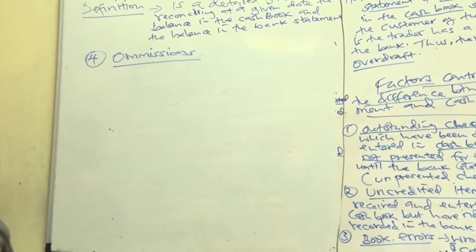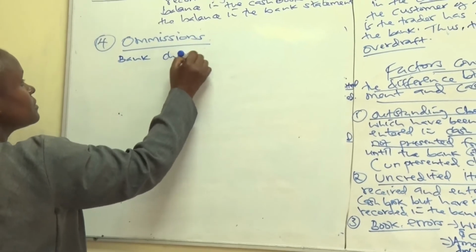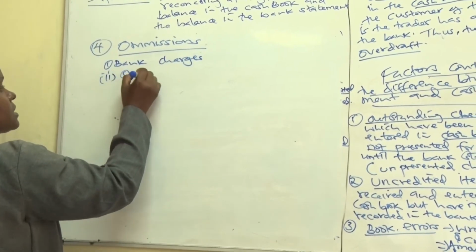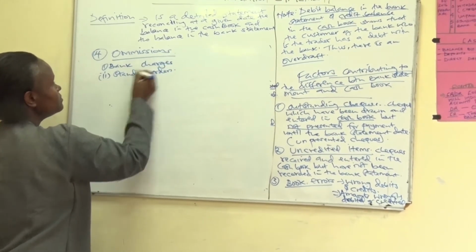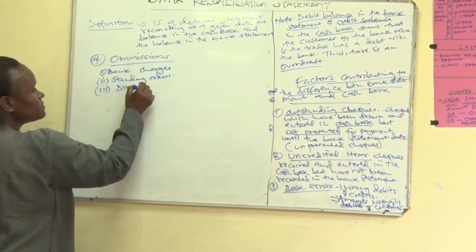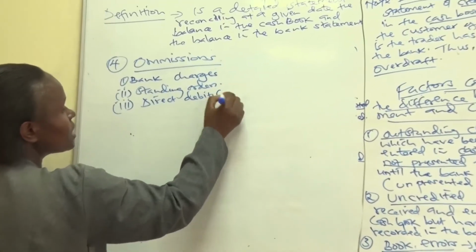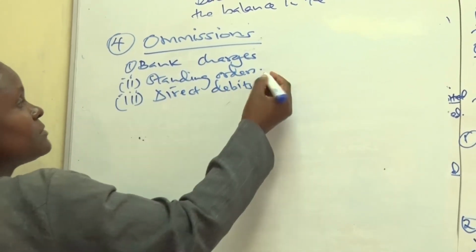The omissions can include the bank charges, we have the standing orders, we have the direct debits. Like now, we have the direct deposit, or direct debit.